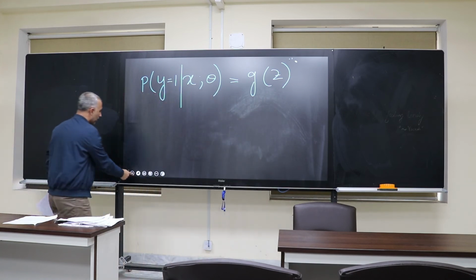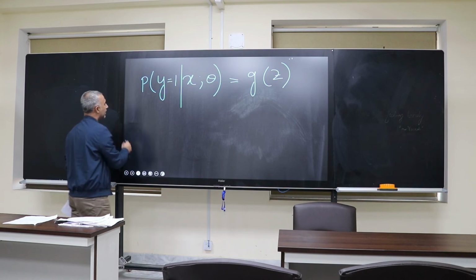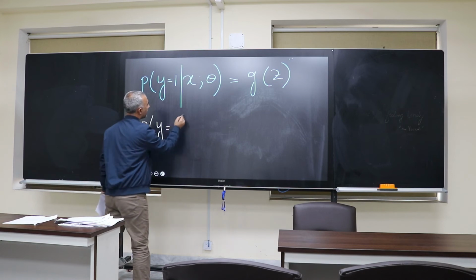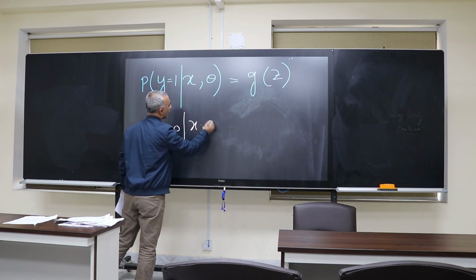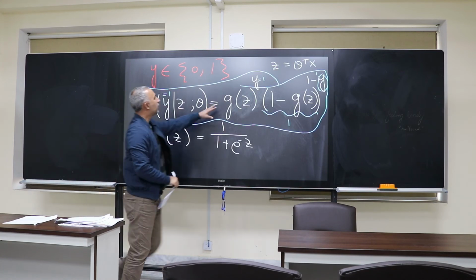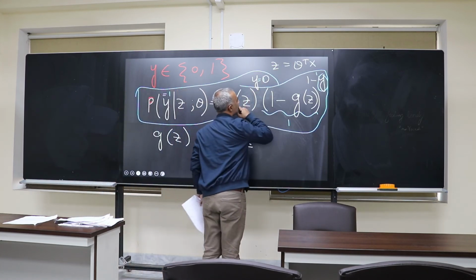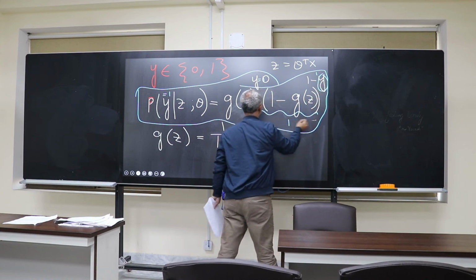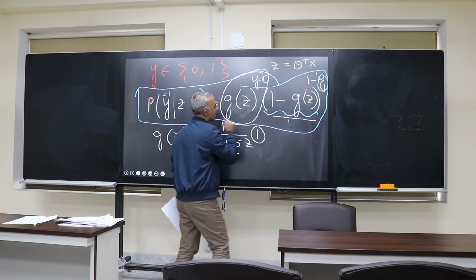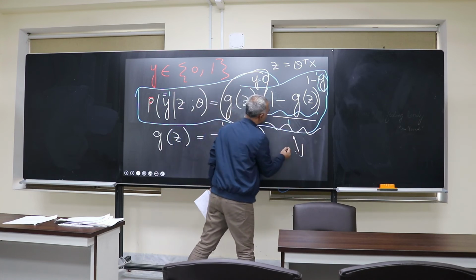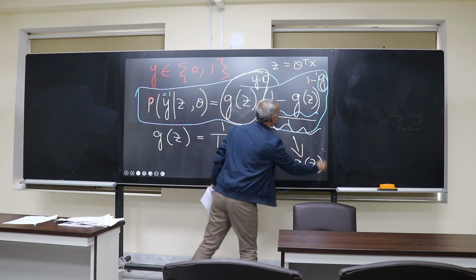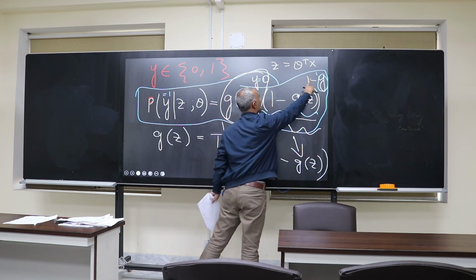If it is a benign, what will happen? P y equal to 0. So once we substitute 0 at this position in this equation, then this whole will become equivalent to 1, and this will become 1 minus g of z, because 1 minus 0 equal to 1.